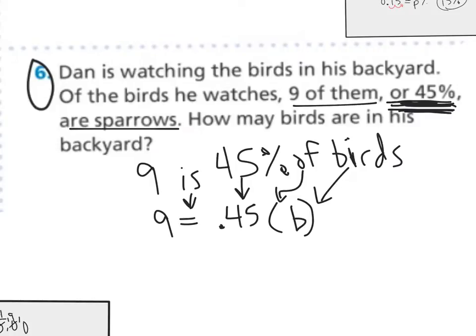Okay. Once we get that equation, it's going to be a similar setup here. So variable we can see is right next to something means they are multiplying, means we need to divide. Okay.